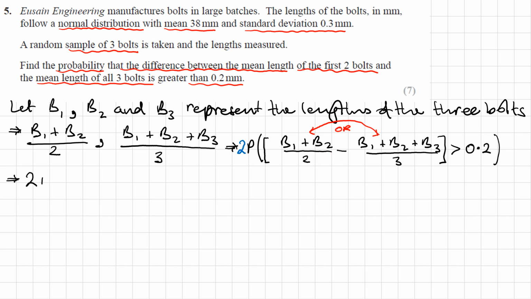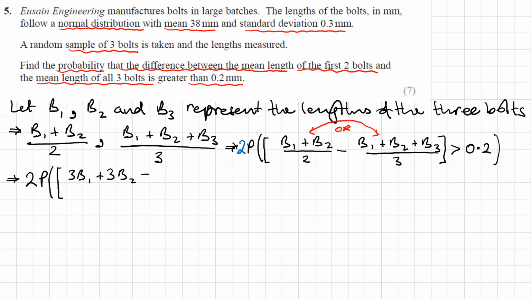Now what I'm going to do is put all of this bit together by putting all of those B1, B2, B3 over the same denominator. So if I take the first fraction and multiply the numerators by 3, I'll get 3B1 plus 3B2.